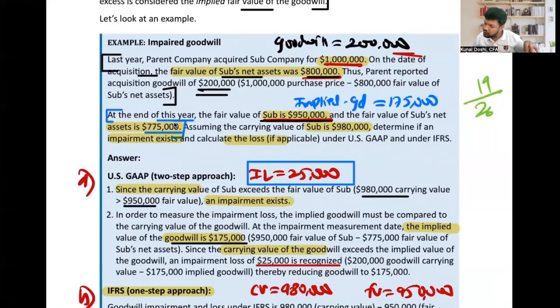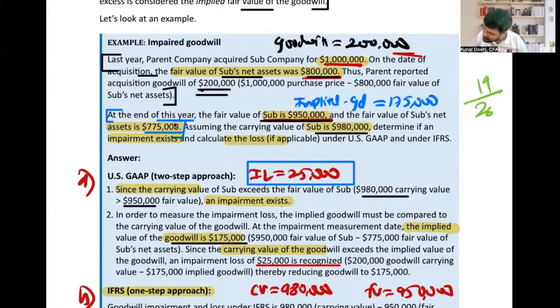Parent reported acquisition goodwill 200,000 at that time, initially, when they bought the company. Then on the date of testing the impairment, at that time we recalculate. At that time, when we recalculate on that day, the implied goodwill turned out to be 175 because we are going to do the fair valuation of the company on that day. And the carrying value and all of those are compared.